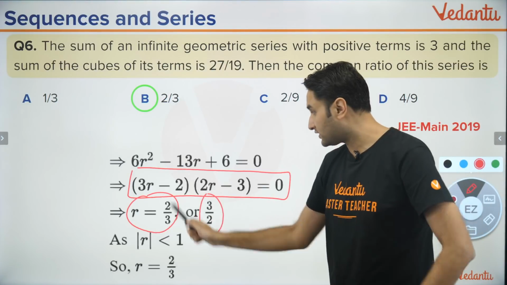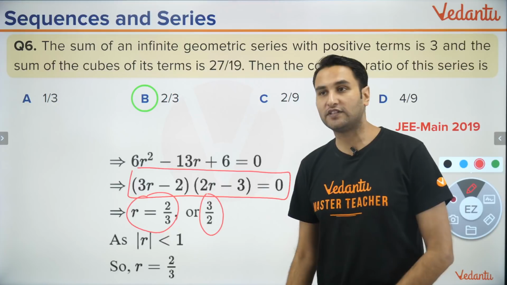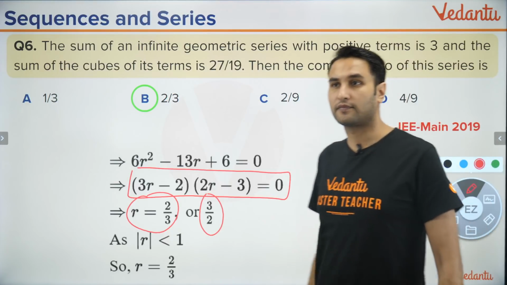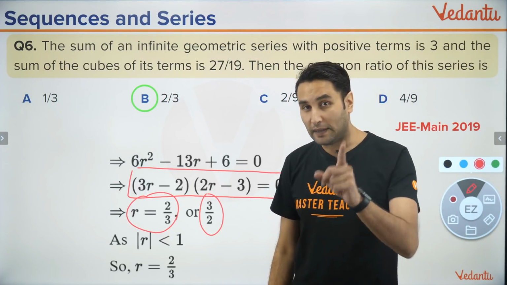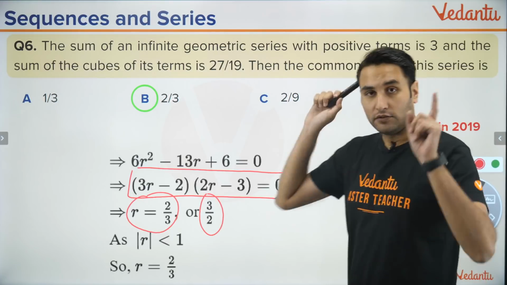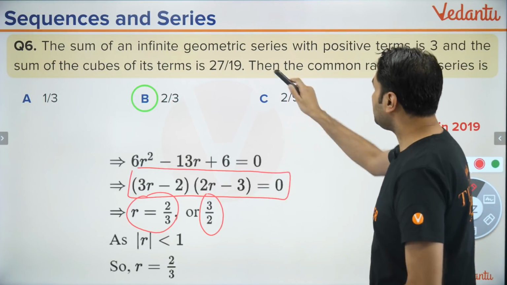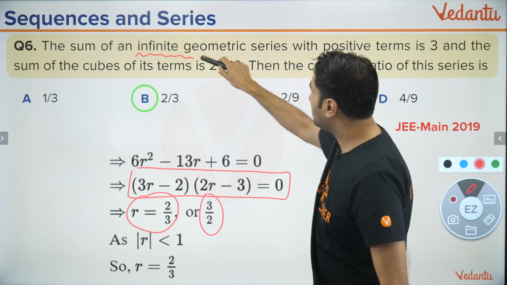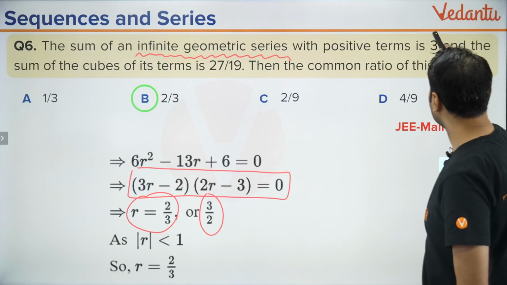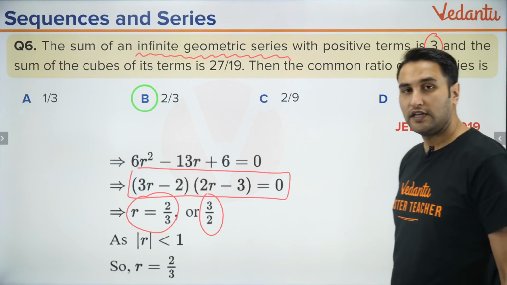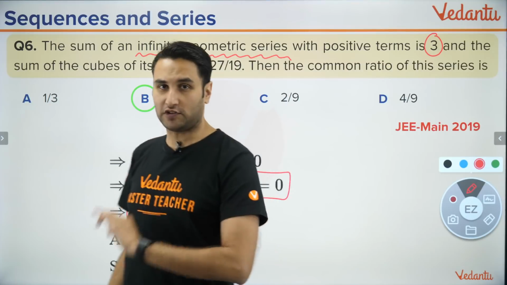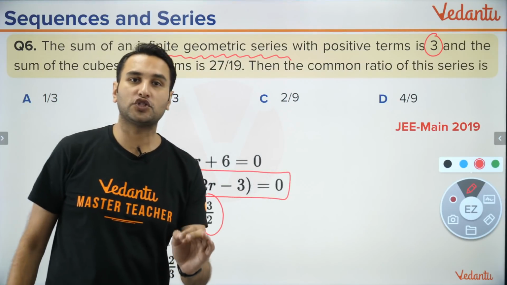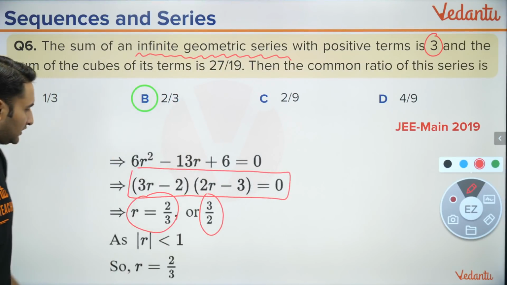बच्चों what is the answer? 3/2 की 2/3? Remember, note down in your mind, if an infinite geometric series is giving you a finite value, then it is only possible if the common ratio is a fraction, if it is less than 1. ठीक है.